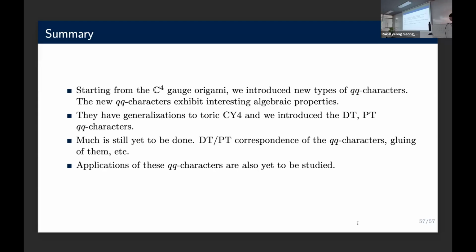For the usual affine quiver double algebra case there are some, and also some orbifold cases. But those QQ characters associated to brane tilings or brane models are not known, and also the gluings, the webs of these QQ characters, are not yet known. So all of these have to be studied, and I hope someone does this.